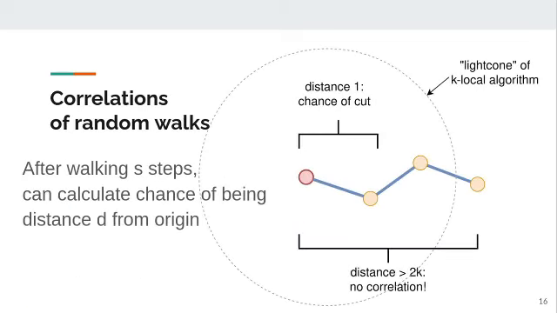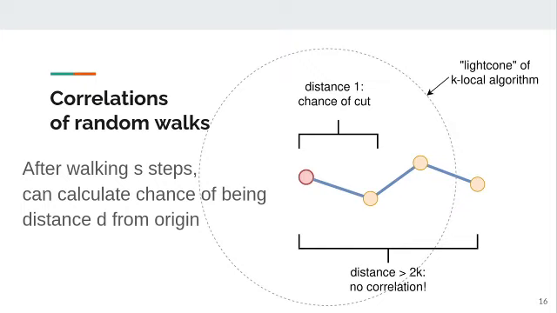I mentioned before that I'm using correlations of random walks. If you have a random walk on a graph, after you walk, let's say, s steps, you're going to be some distance away from the origin. That distance is probabilistic, and you can calculate the chance of being distance d from the origin. If you're distance 1 away from the origin, the correlation of labels that are adjacent is actually related to the chance of being cut.